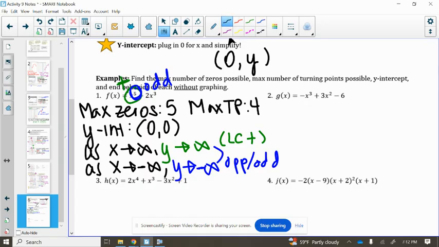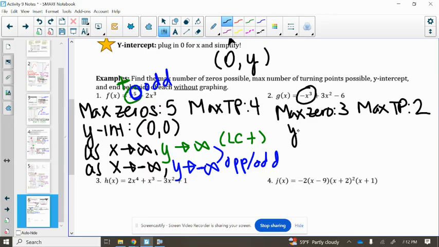On our next one, we have a degree 3 polynomial. So we have a max zeros number that will match that of 3, and the max number of turning points is one less than that, which would be 2.